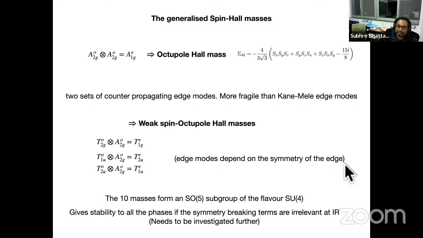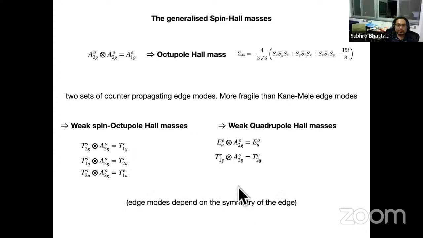In that sense, they are similar to the crystalline topological insulators. In fact, these three triplets, along with this singlet, form an SO5 subgroup of the underlying SU4 flavor group, and this gives some stability if the symmetry breaking terms are weak or irrelevant in the low energy theory, and this of course needs to be investigated further.